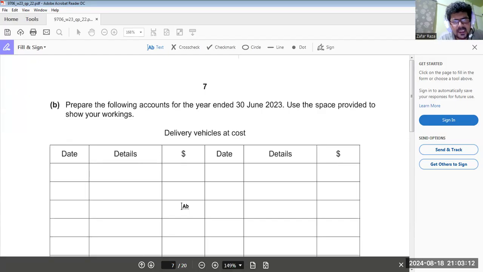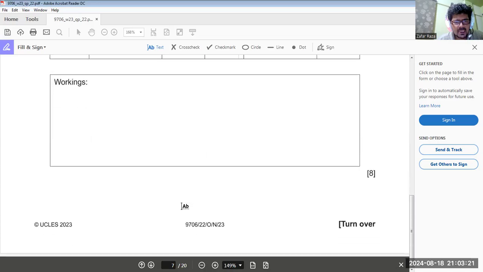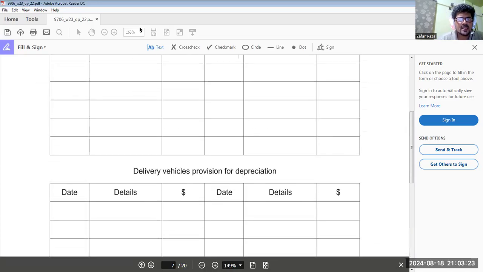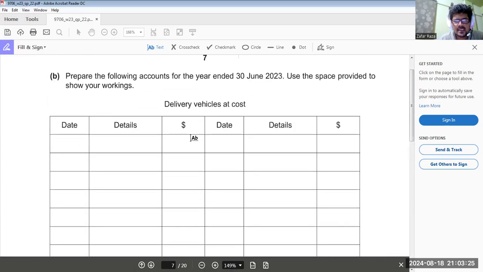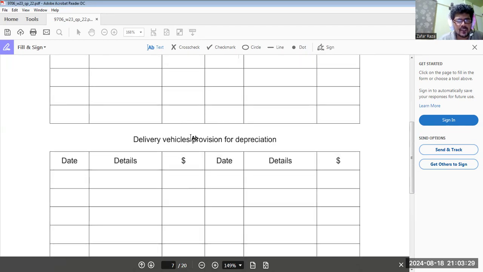Prepare the following accounts for the year ending 30th June 2023 using the space provided to show your workings. Delivery vehicle and depreciation. And this is the working column. So we have to make two accounts, delivery vehicles at cost and delivery vehicles provision for depreciation.